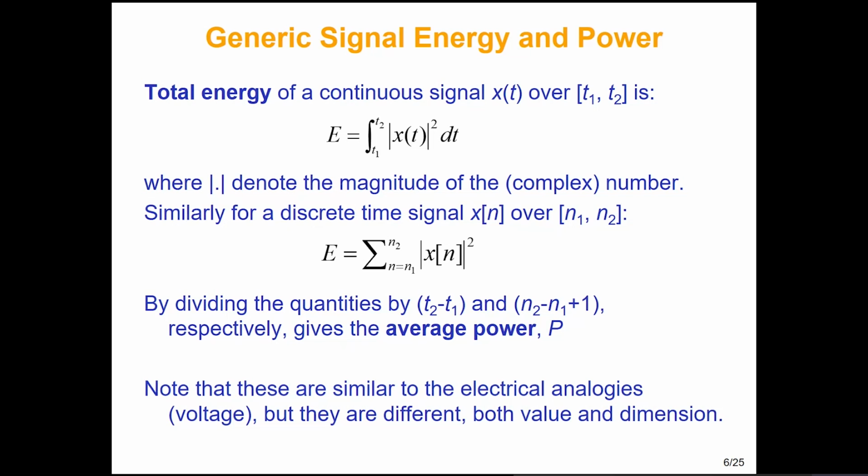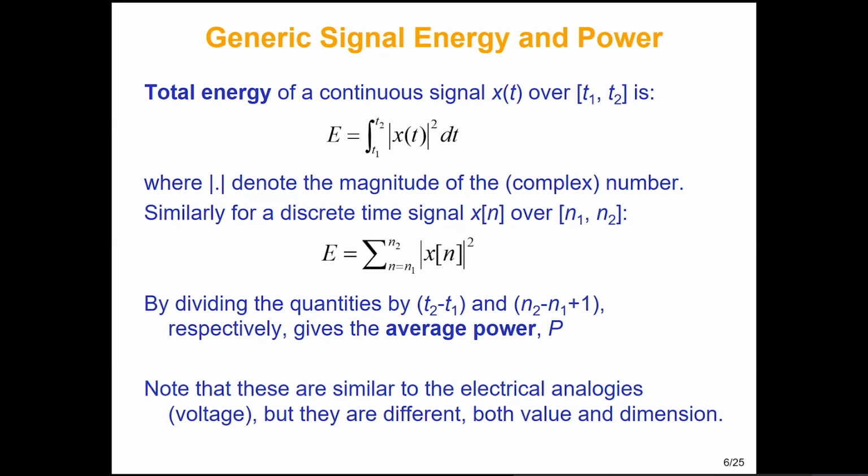And if you have a discrete signal, x of n, then the energy would be the summation of the signal square, x of n square. If you want to take the average, it would be that divided by time. So energy divided by time we refer to as power, or power multiplied by time is referred to as energy. That is from an electrical perspective.